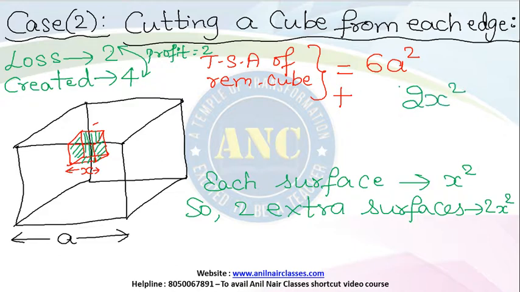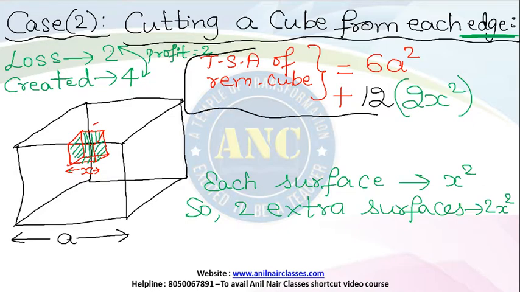But think logically, sir, this 2x square is for only one edge. But totally how many edges are there in a cube? There are 12 edges. For one edge it is 2x square. For 12 edges it is 12 into 2x square.